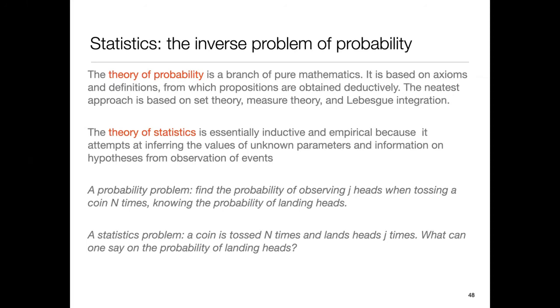A statistics problem is, a coin is tossed n times and lands heads j times. What can we say about the probability of landing heads? And you see here the inverse thing, right? In one case, you are deducing the thing, and in the other case, you need to infer from the result.